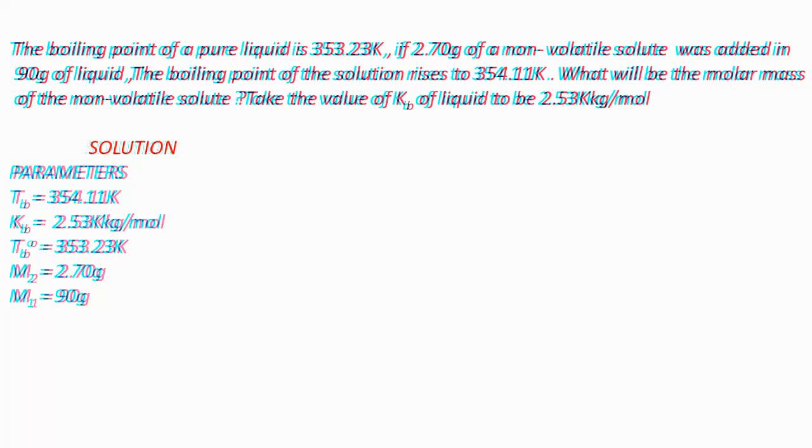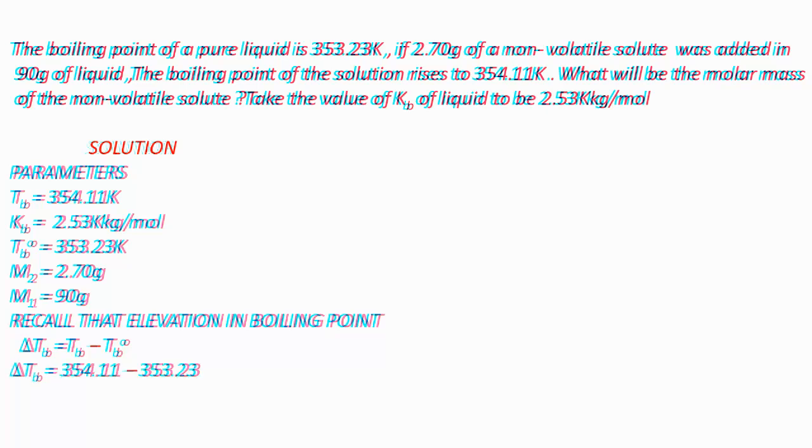Now, we are looking for the parameters that are not given. Recall that elevation in boiling point, change in TB, is equal to the boiling point of the solution minus the boiling point of the pure liquid. The boiling point of the solution and that of the pure liquid are given to us.